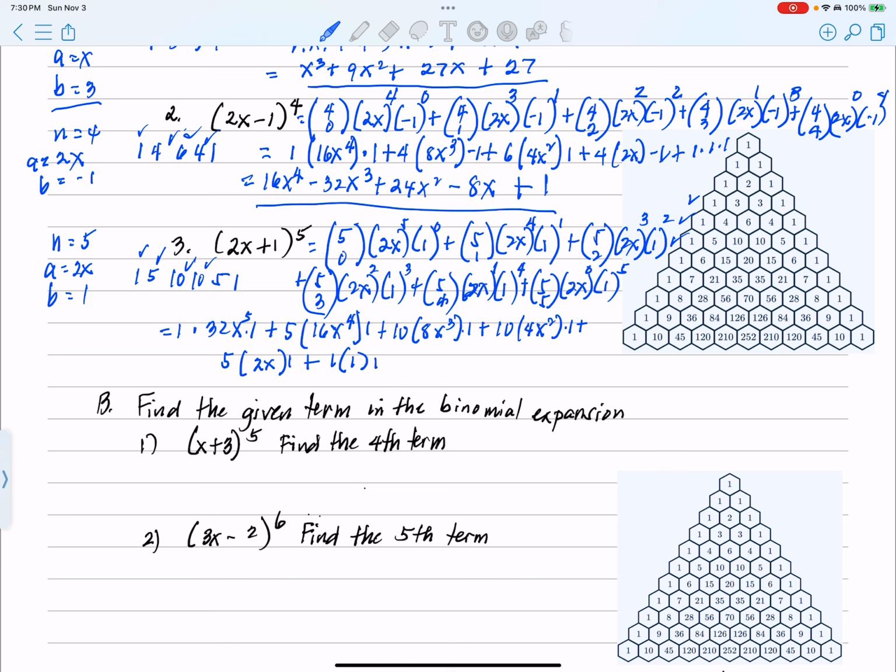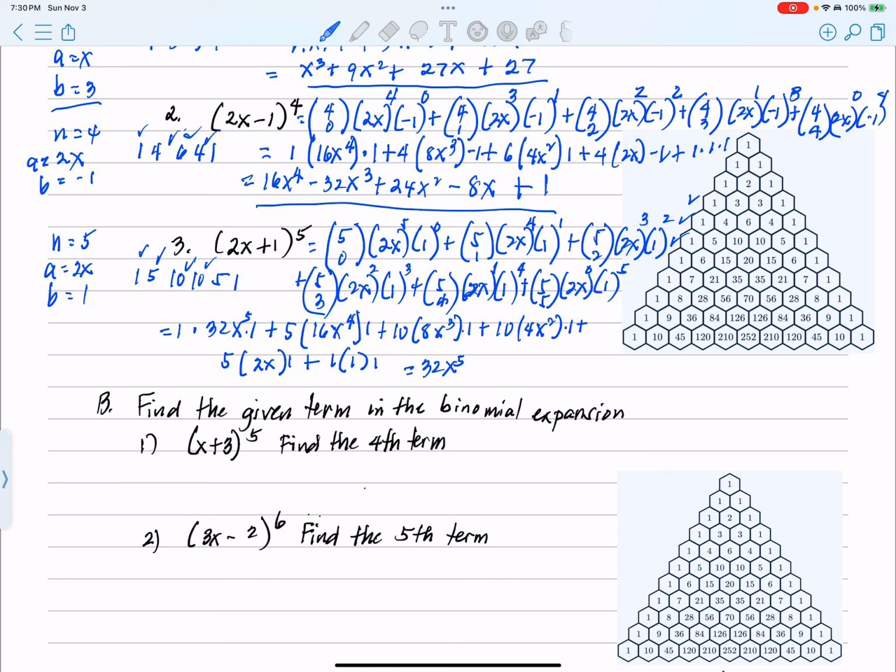All right. So let's have the whole thing. So the first term is 32x to the fifth power.